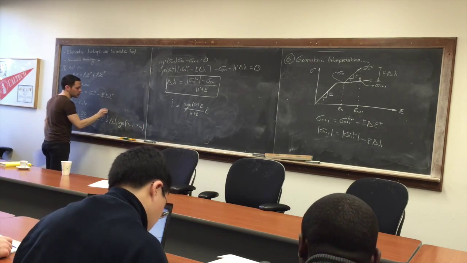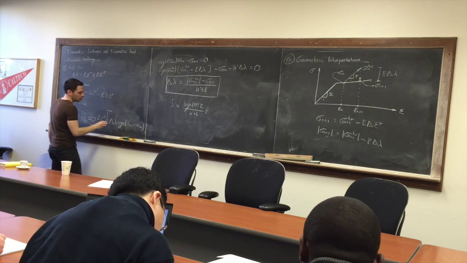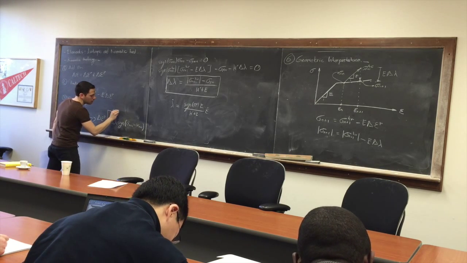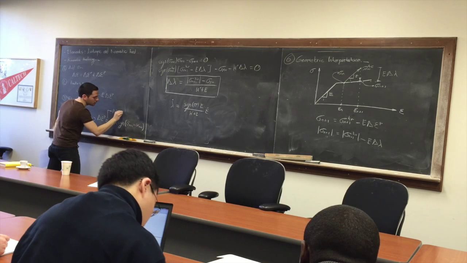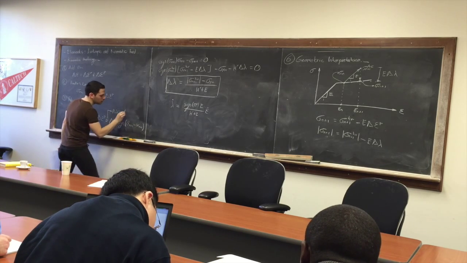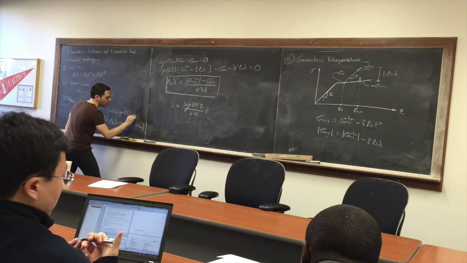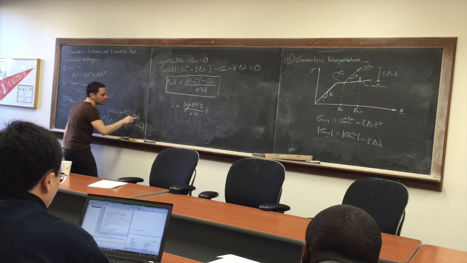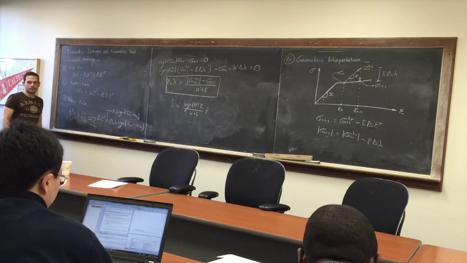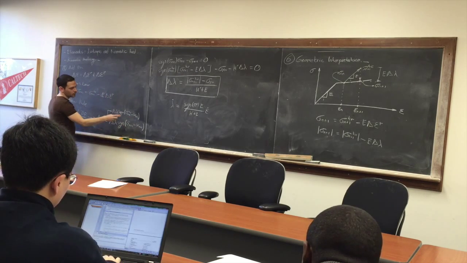But it can also be shown that this sign is equal to the sign of sigma n plus 1 trial minus alpha n. So this is equal to that.